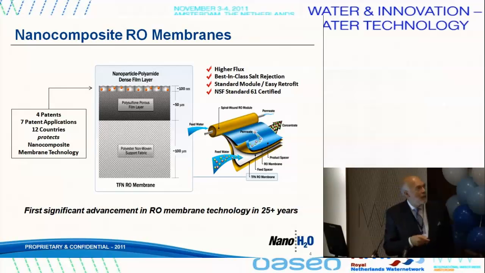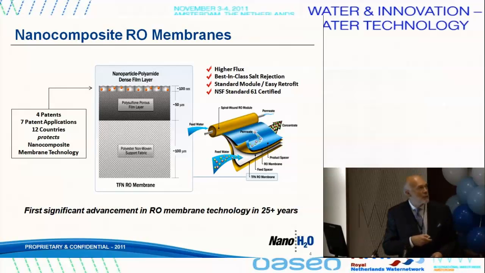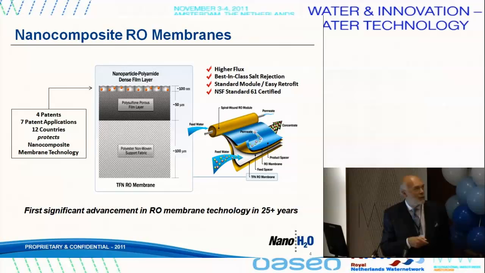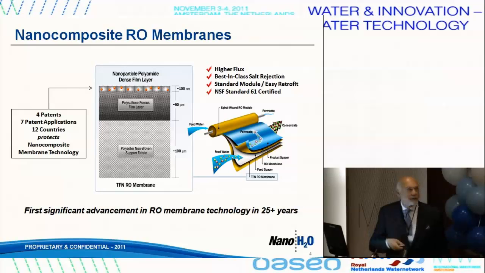On top of that is cast a polysulfone support. Again, the polysulfone support is not very different among manufacturers. This is pretty standard stuff, and we cast it much like other manufacturers do. It's a water extraction process basically that casts the polysulfone onto the support layer.